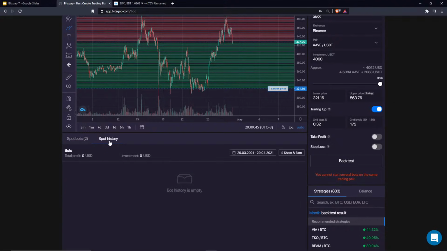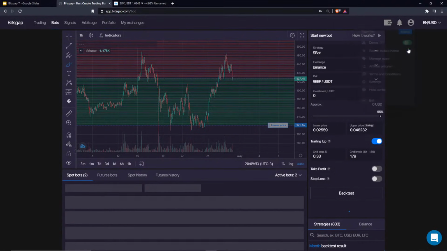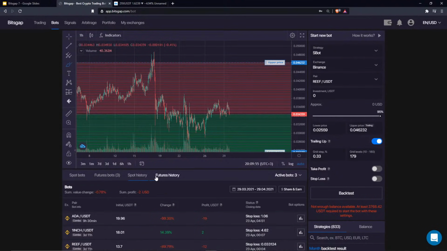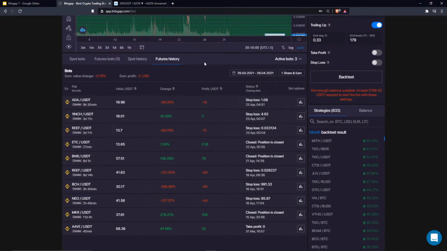And thanks to the history, you can analyze all your past trades. Let me switch back to my futures trade. You can analyze all your past trades to see where you generated the biggest return, and then you analyze why you made such an immense result, and you also analyze your worst trades where you lost lots of money, so that next time you won't get the same bad results.